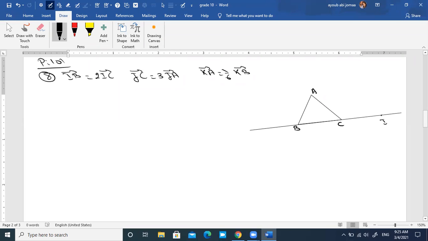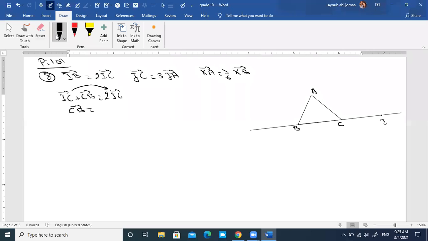Insert point C here, or insert point B here. Whatever you want is all correct. So if you insert here point C, then you will get IC plus CB is equal to 2IC. Move IC to the right side.